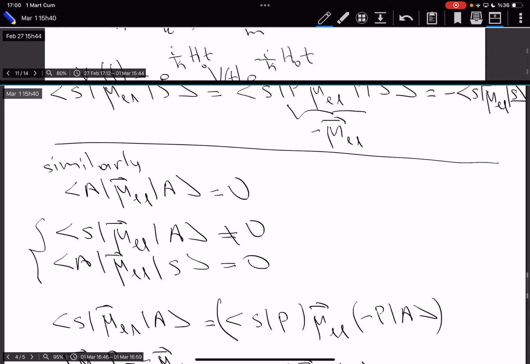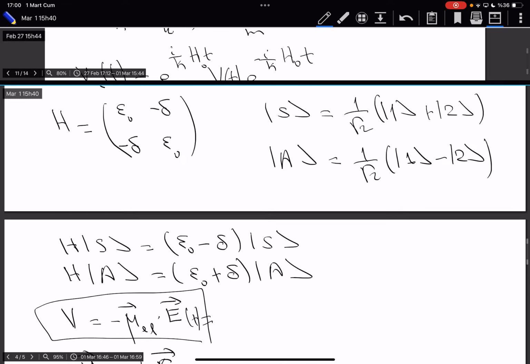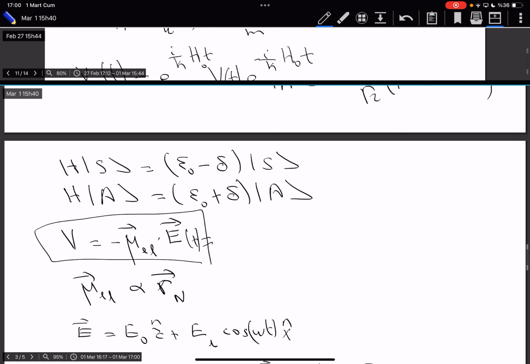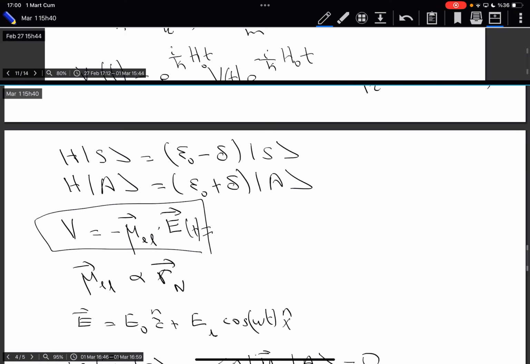Okay, see, before, the two-state system that I will be studying was the antisymmetric state and the symmetric state. Not these states. Not these two states. These are 1 and 2. In the basis made up of the symmetric and antisymmetric wave functions, the H0 is diagonal, but V is off diagonal.